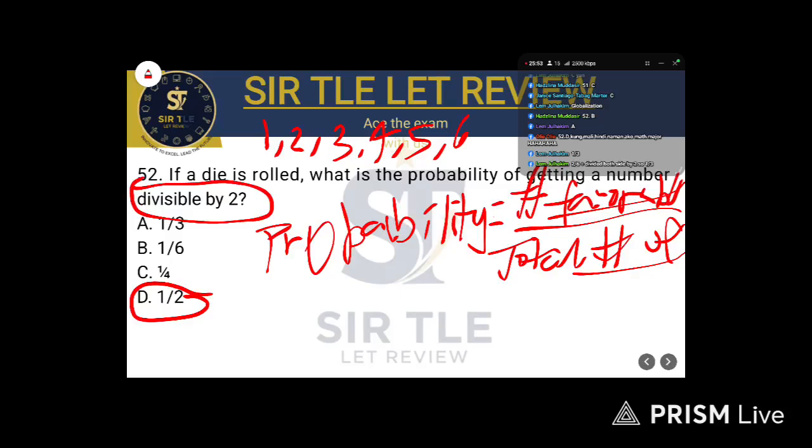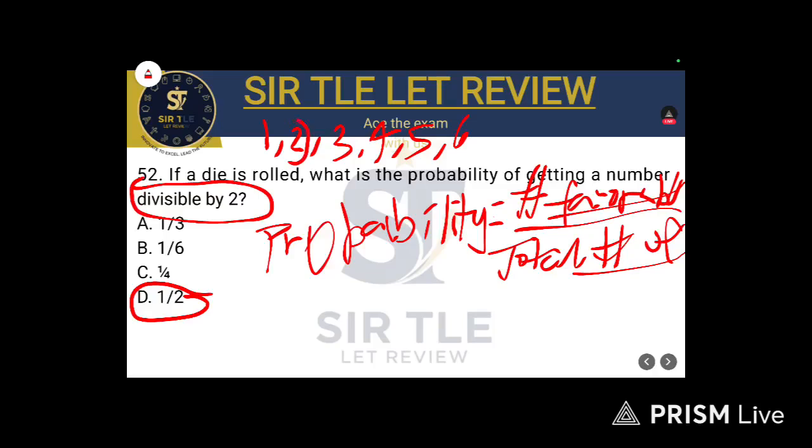What is the probability of getting a number divisible by 2? Which ones are divisible by 2 here? The 2, the 4, and the 6. So the numbers on a die that are divisible by 2 are 2, 4, and 6.